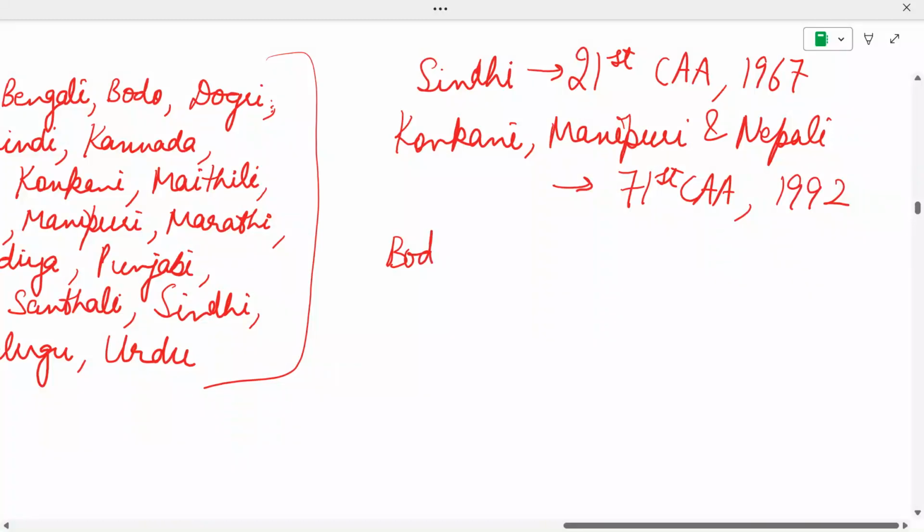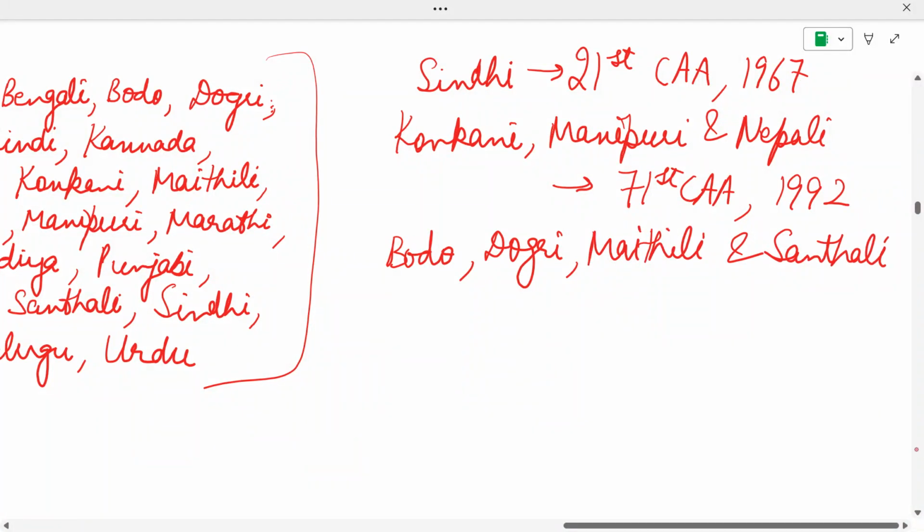Then Bodo, Dogri, Maithili, and Santhali, they were added by 92nd Constitutional Amendment Act in 2003.